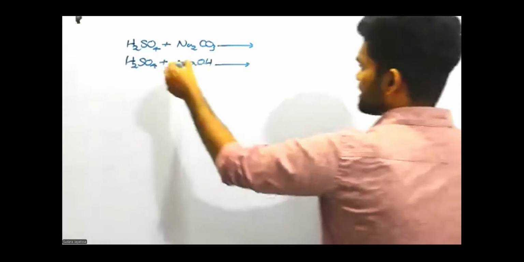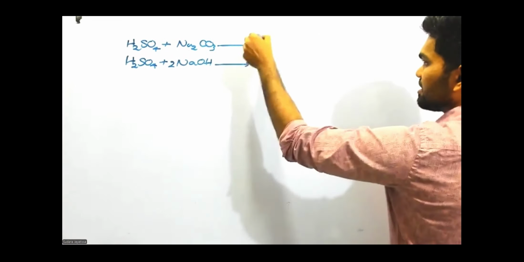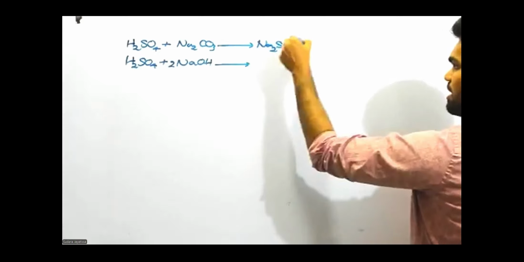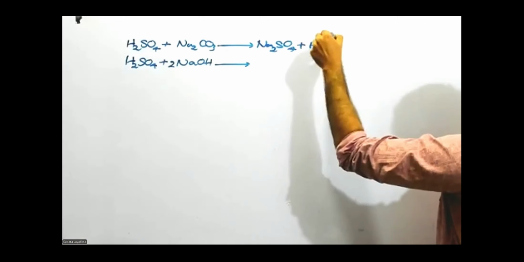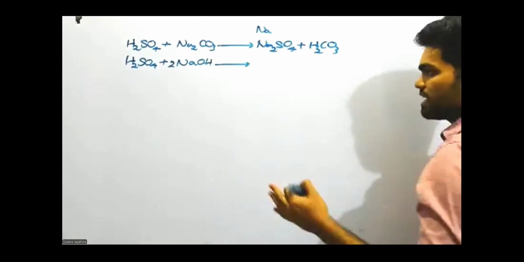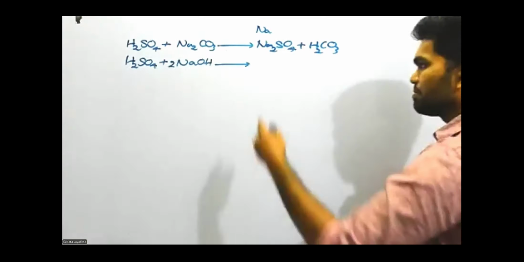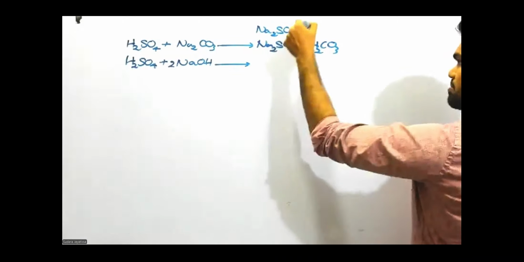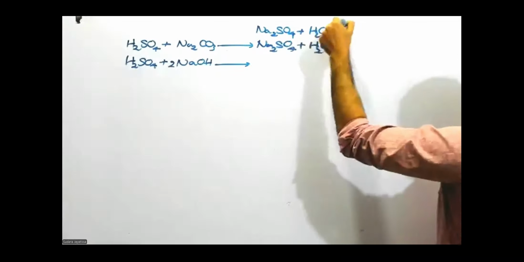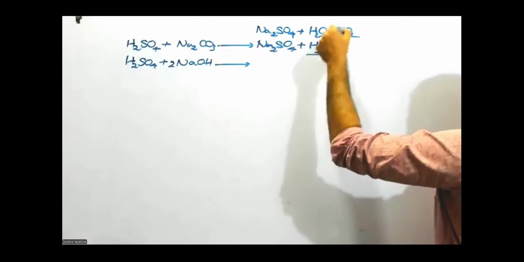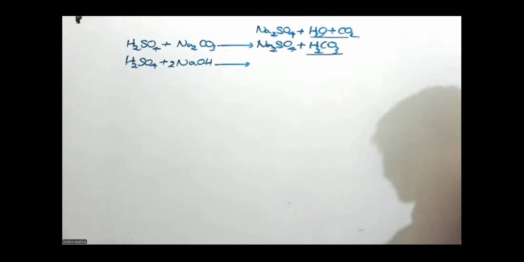Now, when they react with each other, they form Na2SO4 and H2CO3. In the inorganic lesson you will learn these products. Or you can write Na2SO4 and H2O and CO2. That is also applicable because H2CO3 can be written as water and carbon dioxide.